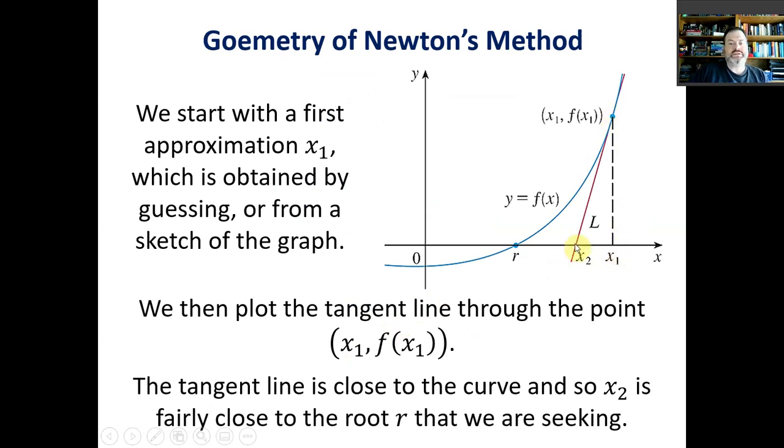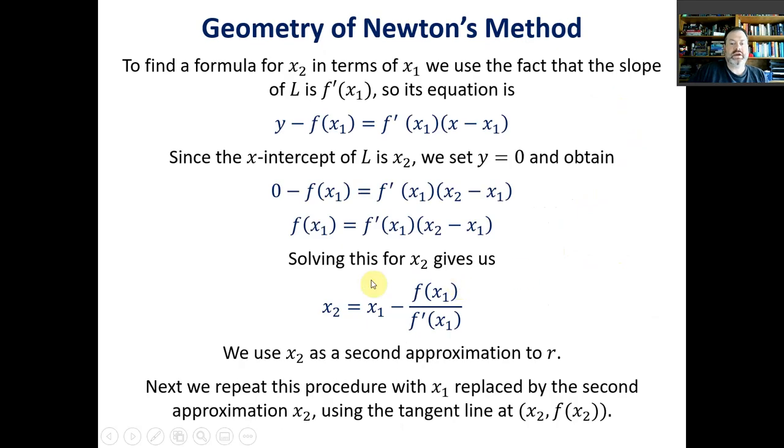So where is x2? x2 is the starting value minus the slope of this times the difference, and that gives us this. So it's x1 minus the function itself divided by its own slope. Slopes are y divided by x, so it's x divided by y.